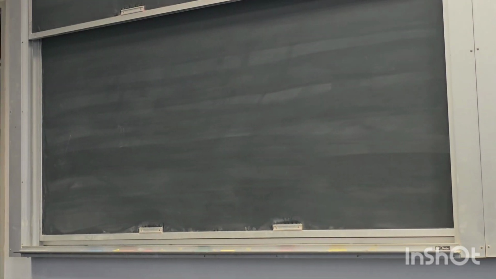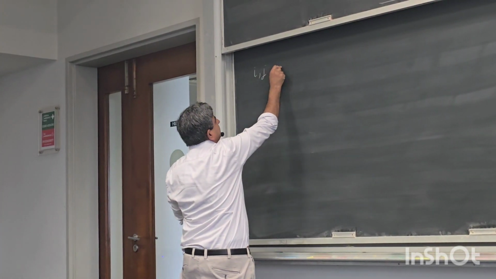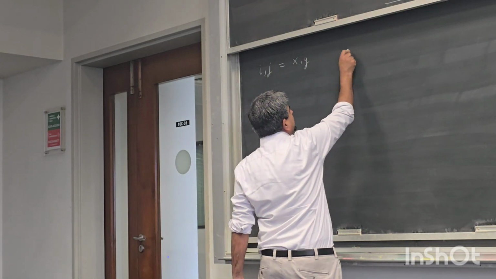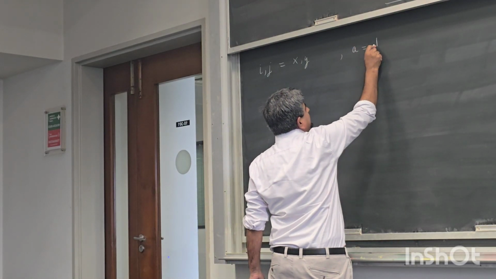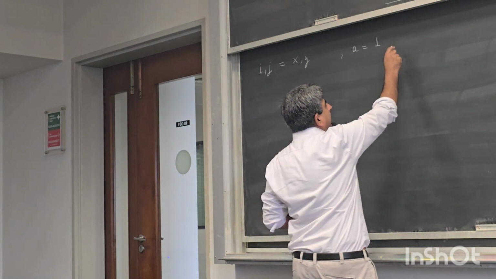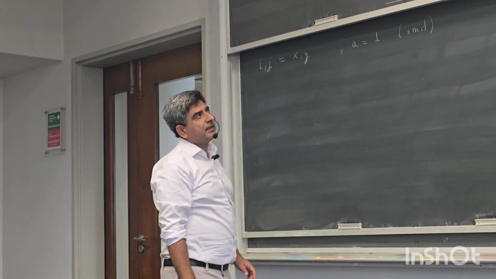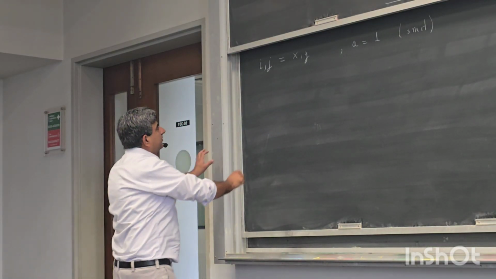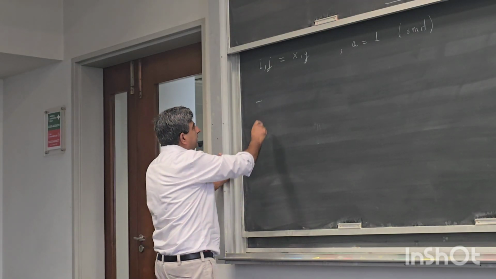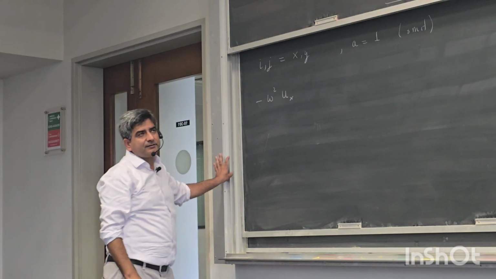For our case, I and j are just x and y. Each of I and j can just be x and y, and there is only one A. There is no B. Just A is just one. So I can omit this variable A. So our equation of motion is, there are two equations of motion because it's a two-dimensional problem, minus omega square u along x.